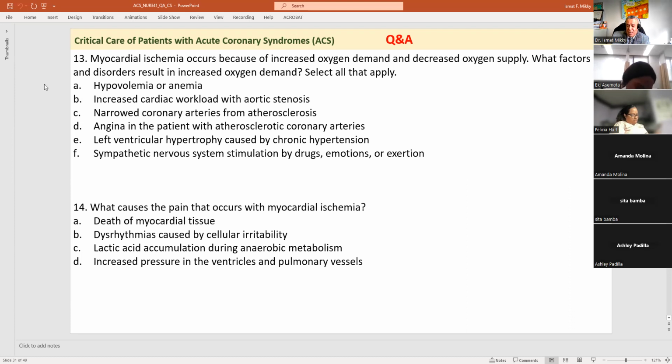So B, D, E, and then the last one, which is sympathetic nervous system stimulation by medications, by emotions, exertion. Just one example of the drugs that may stimulate the sympathetic nervous system to a level that sometimes you would admit the patient or take care of the patient in the emergency department as if they have an acute MI.